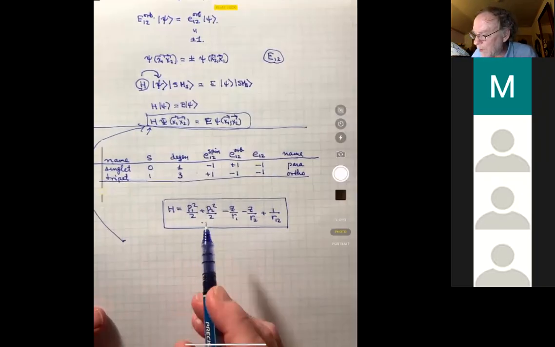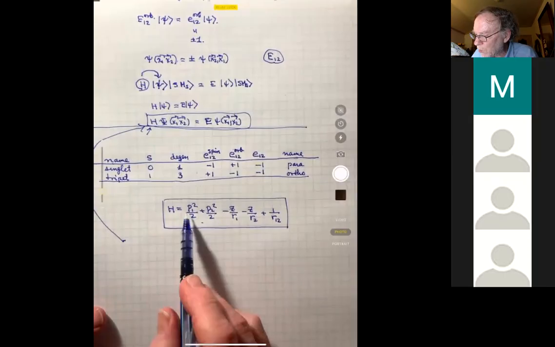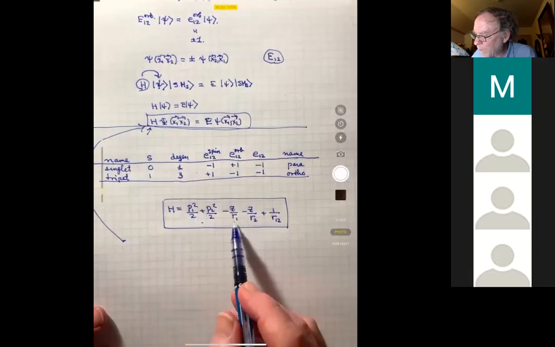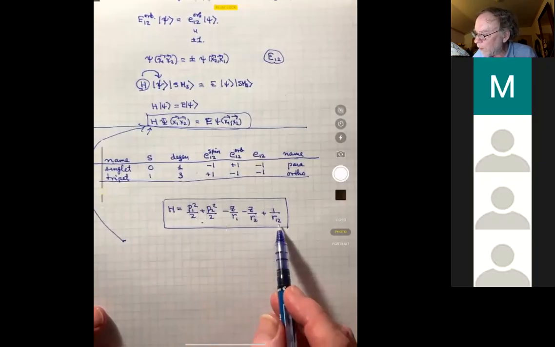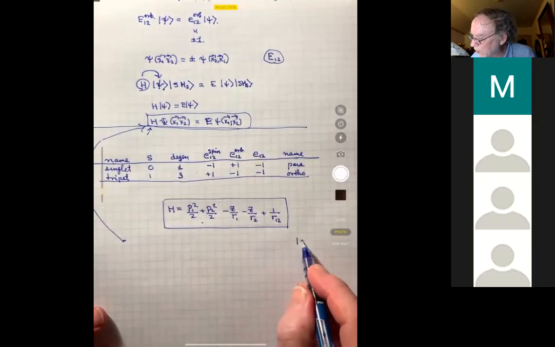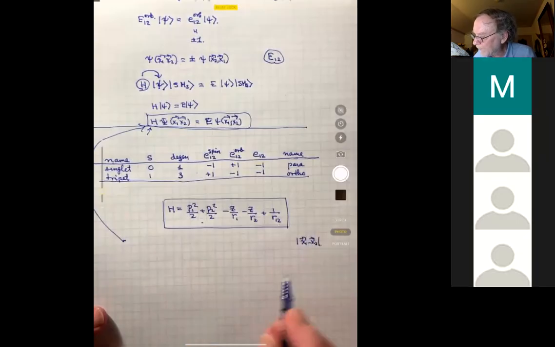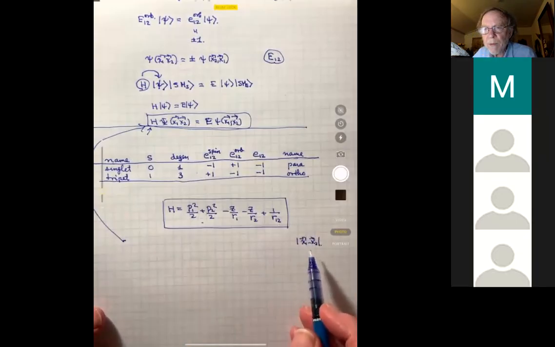You can see that because the two kinetic energies are the square of the momentum, p1 vector dot p1 vector, and so it's dot products of vectors. The distances from the origin, r1 and r2, are also square roots of dot products of vectors, and the 1 over r12, that's the same thing as the absolute value of x1 minus x2. And this can also be written in terms of dot products of vectors.